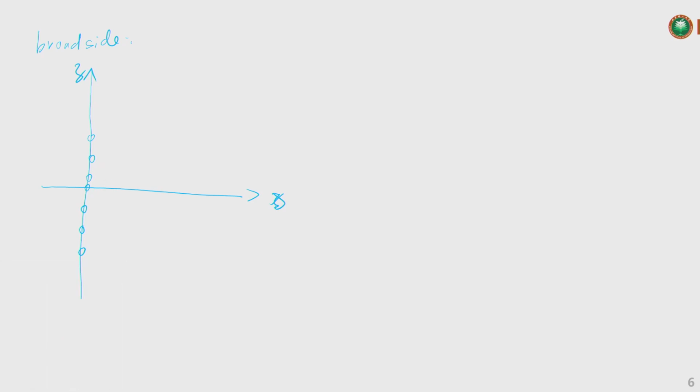So the pattern generated looks like the main lobe here, and has several side lobes. Also has the side lobes.